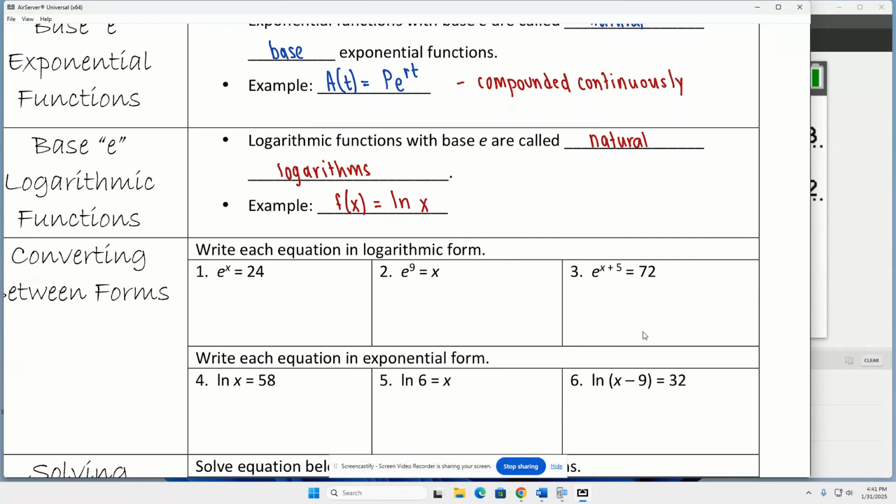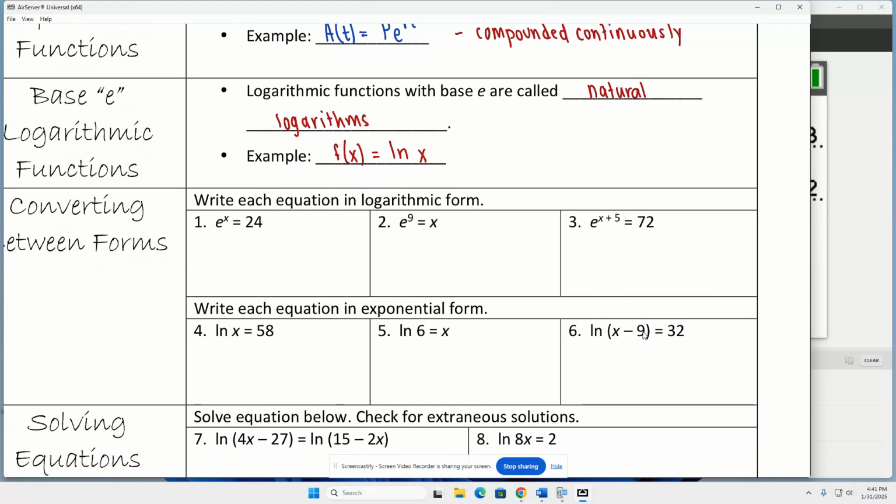So if I'm going the opposite direction, listen, I want to show you the wrong way, so please don't write this first. You could absolutely write log base E. Remember, the base of your exponent becomes the base of your logarithm. And then you could do the loop. So log base E of 24 equals x.